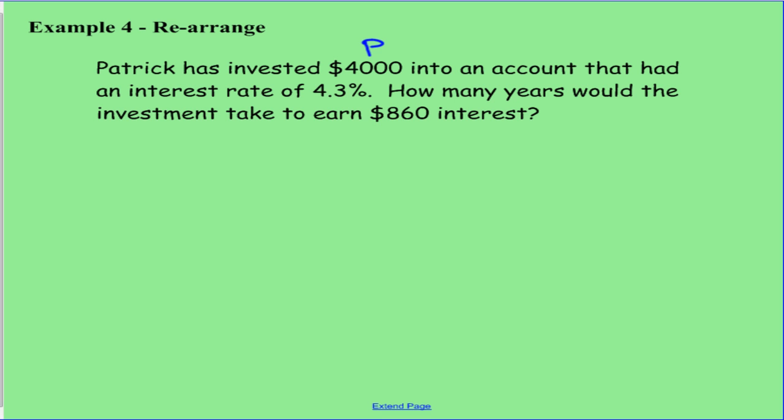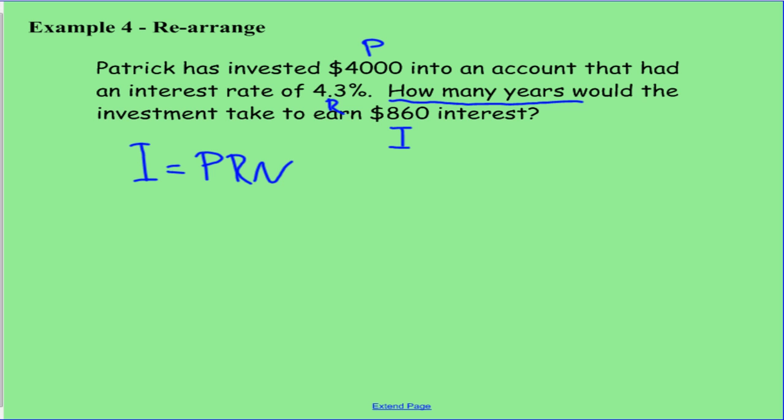Up here we've got our P, that's the amount we put in. Right here is the interest rate, and down here is the amount of interest he earned, which is I. Our formula being I equals P R N means that we're missing N, and that's what the question asked, how many years? So we knew that we were looking for the time.